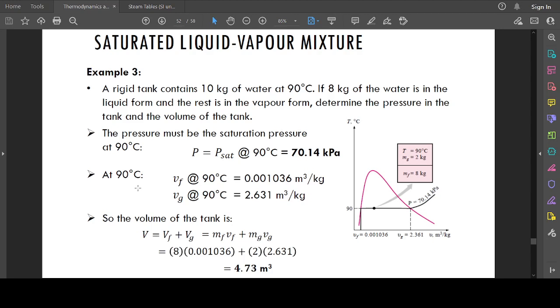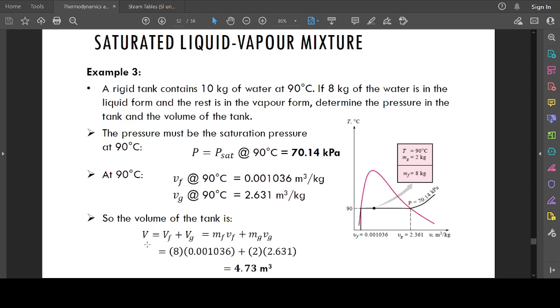Then we do the same, we find the specific volume of liquid water and the specific volume of the vapor or steam in this case at 90 degrees Celsius, and those numbers are given here. The first question says determine the pressure in the tank and the volume of the tank. We've already determined the pressure in the tank. So the volume of the tank has to be the volume of both the liquid and the gas phase.